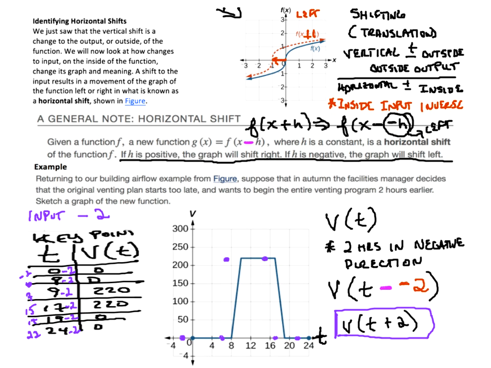And 22, 0. So here's my new function. Same shape, shifted left 2 values. All right. Cool so far, Cyprian? So we've covered vertical and horizontal shifting. And the horizontal is a little tricky because you've got to remember inside, input, inverse.